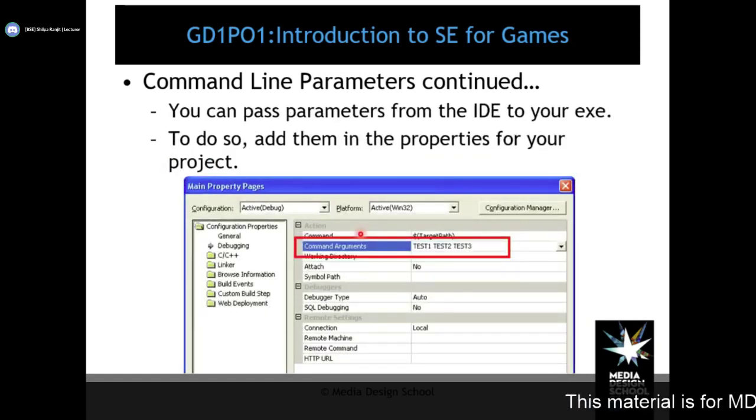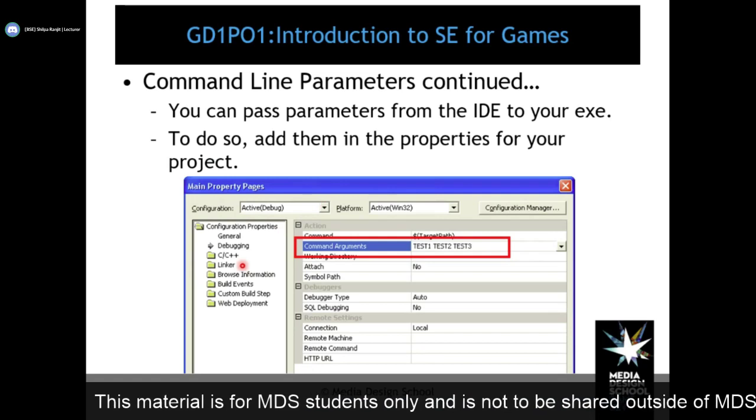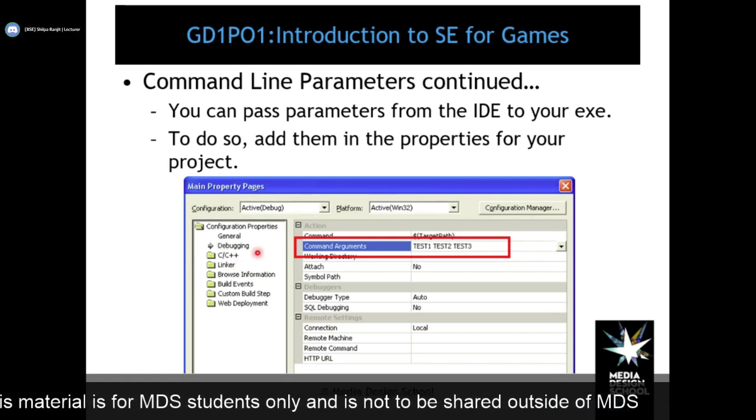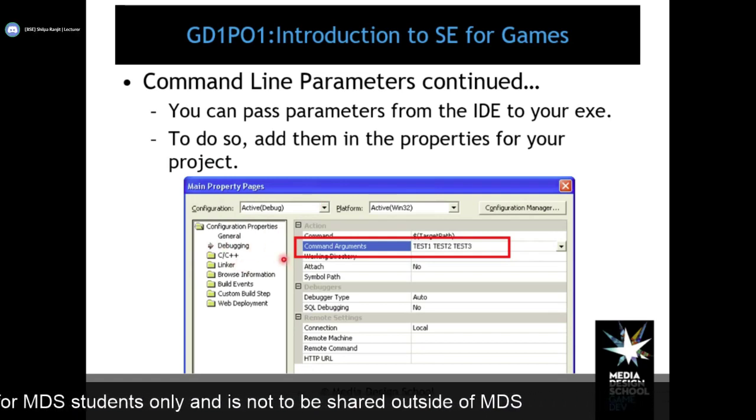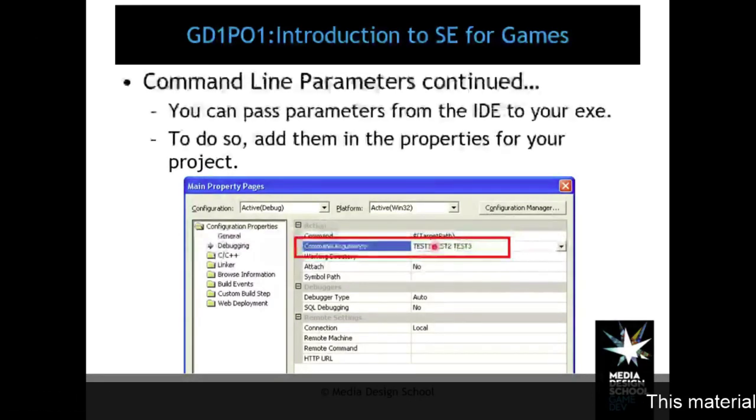So another way to do it is in your project properties. If you right click your project and open the properties page, just go to the debugging tab in there, and in your debugging tab you find a command arguments option. So in the command arguments, again, you could feed in the values and it works the same, right?